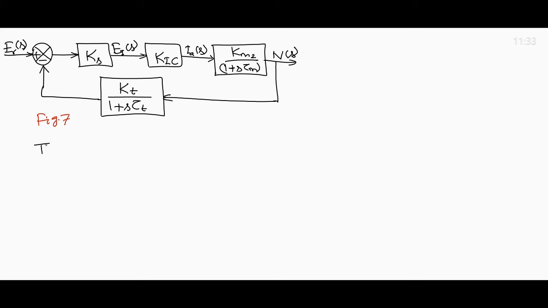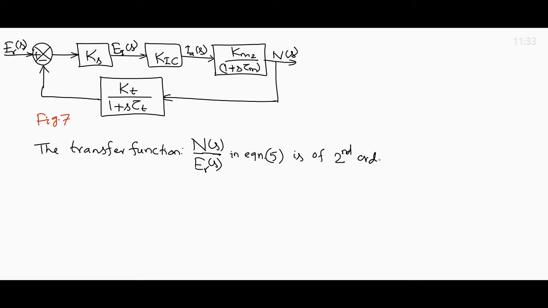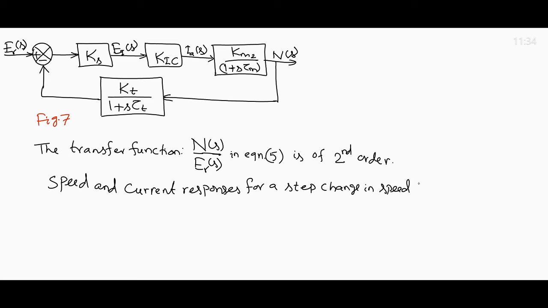So the transfer function, that is the actual speed Ns by ERS, which we have already derived in equation 5, is of second order. Speed and current responses for a step change in speed command are shown.